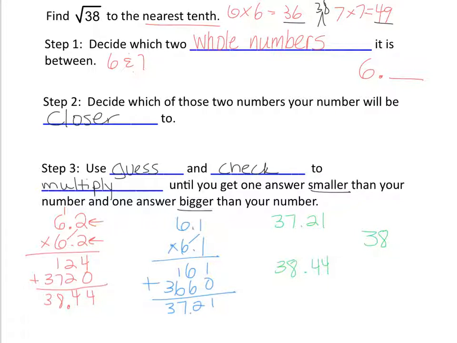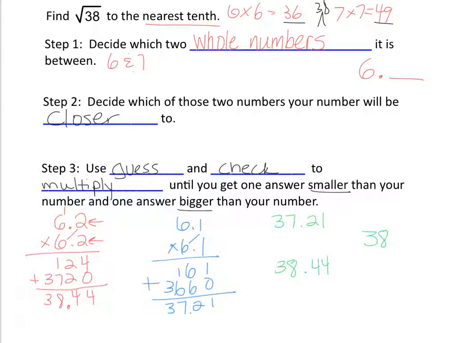Now the 37.21, to get to the 38, if you're thinking through the mental math piece of this in the number sense, 37.21 is less than 37 and a half. If it was 37 and a half, we would need 0.5 to get to 38, which is already bigger than the 0.44 that we would need to get to the 38.44.